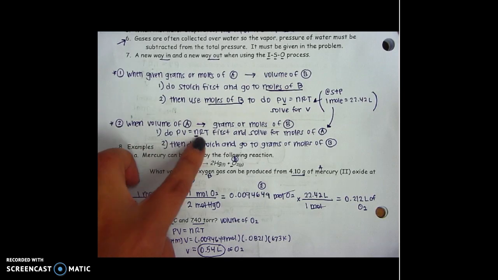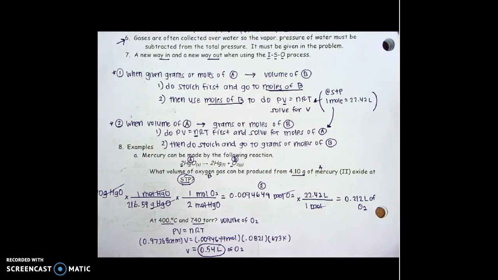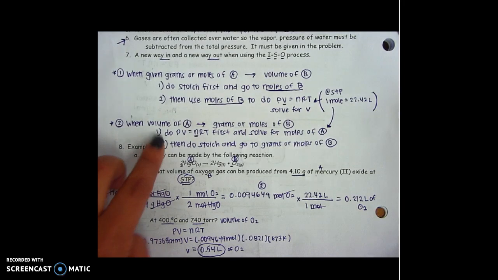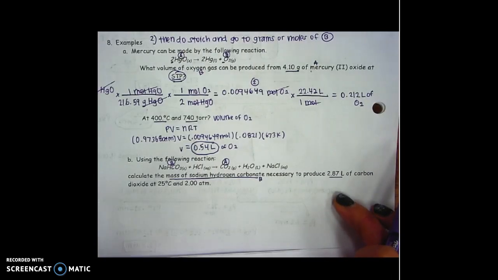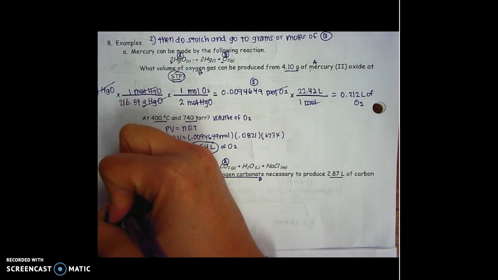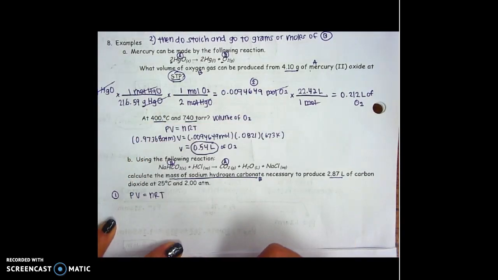So we have to use PV=nRT first, and we're going to solve for n, or we could use the STP shortcut, but unfortunately we're not at STP, so we can't use it this time. Then we're going to do stoich and then go to grams or moles of B. So let's go ahead and set this up. Step 1, I'm going to use PV=nRT, and let's plug in everything.